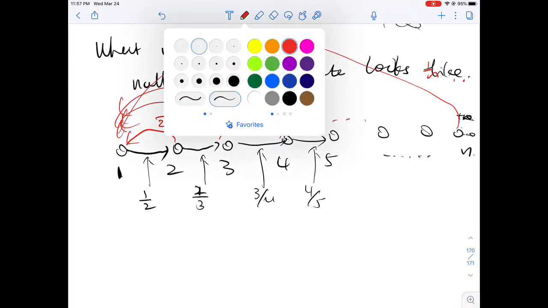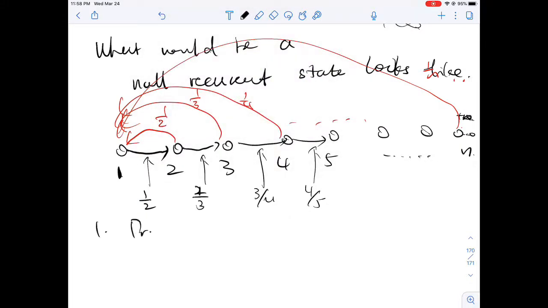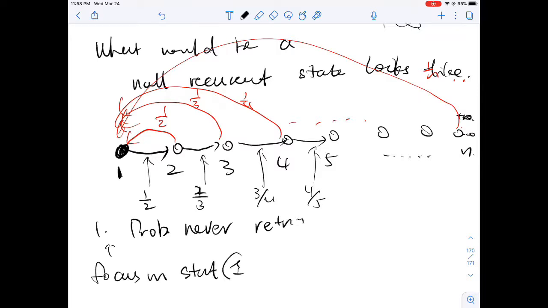So now let's start with computing the probability that we never return. Let's focus on state 1, and we want to compute the probability that we never return. This probability is calculated as the product for j equal to 1 to t of j divided by j plus 1.